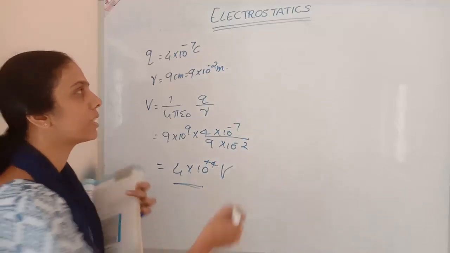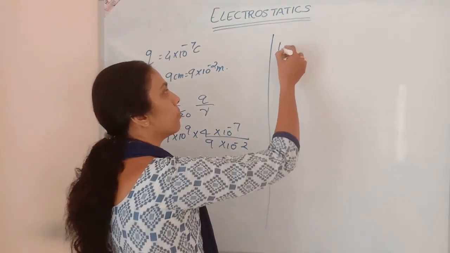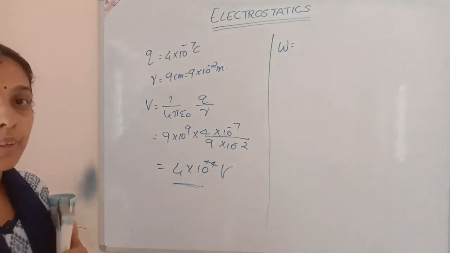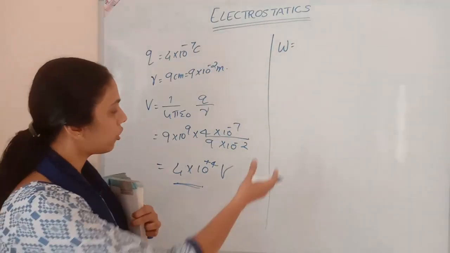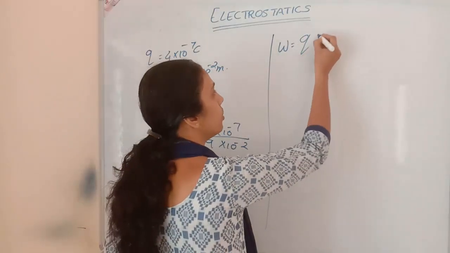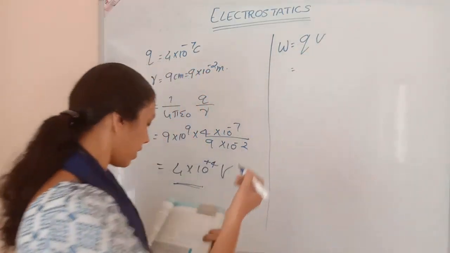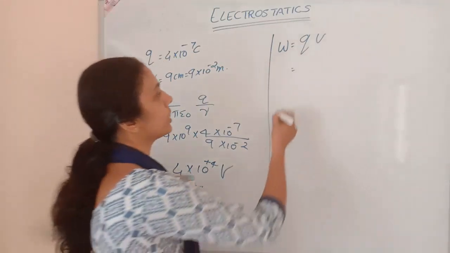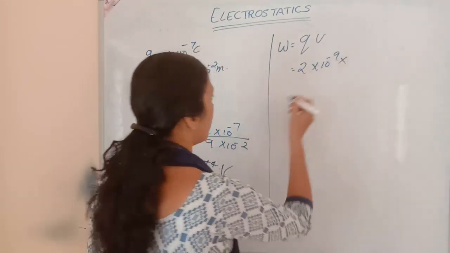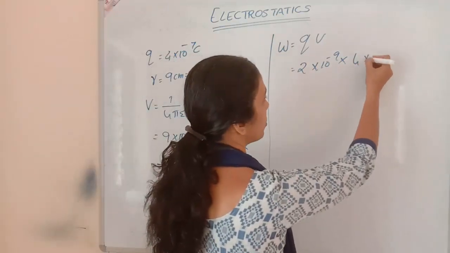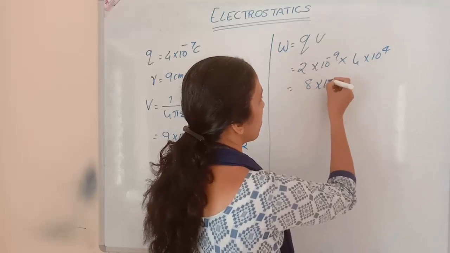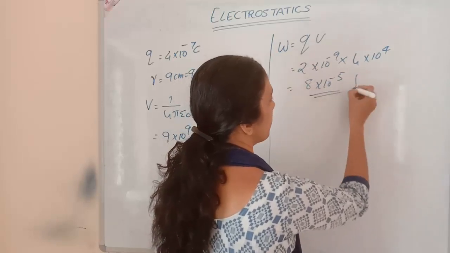The work done to bring a charge from infinity to a particular point where V amount of potential is present is W equals Q into V. What is the value of Q which is kept? 2 into 10 to the power minus 9, into 4 into 10 to the power 4. So we will get 8 into 10 to the power minus 5 joule.